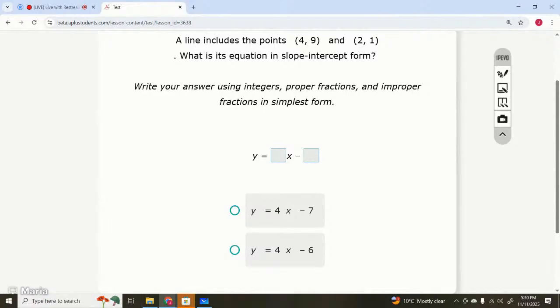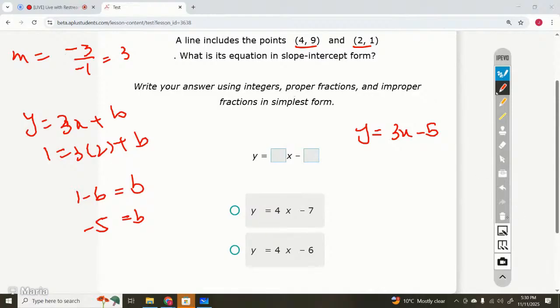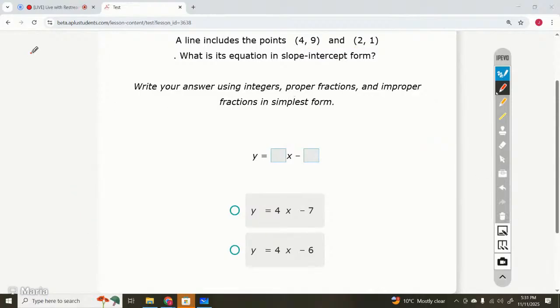A line includes the point (4, 9) and (2, 1). What is its equation in slope intercept form? The first thing is we're going to calculate the slope, that is 1 minus 9, negative 8, over negative 2, that is 4.